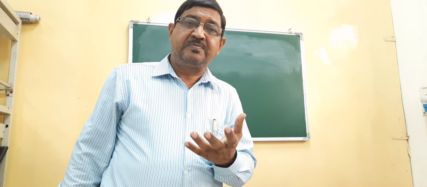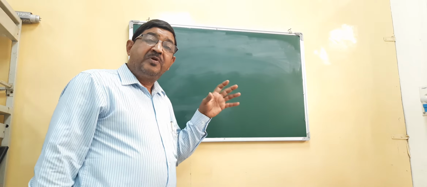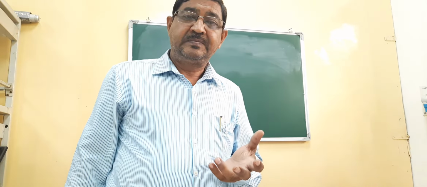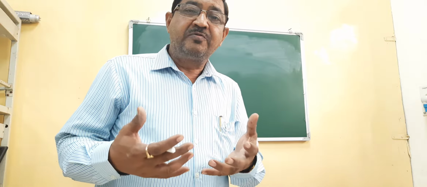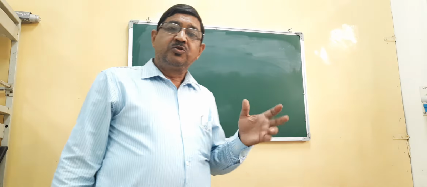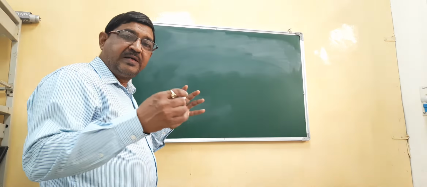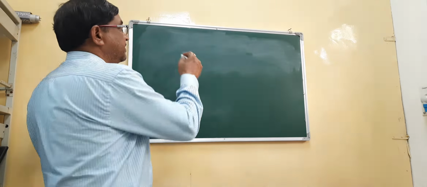Different methods of selection are applied. Say for example, if variability is present in your population, then we are not going for hybridization. So whatever variability is present in the population, selection without hybridization.